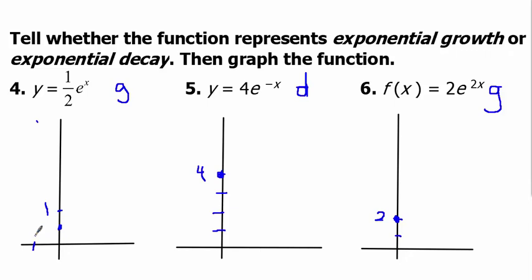So that's about 0.2, so I'm going to go about here. When I plug in 1 into the equation 1/2 e to the first power, that is going to give me 1.39. Approximately in here, and my graph is exponential growth.